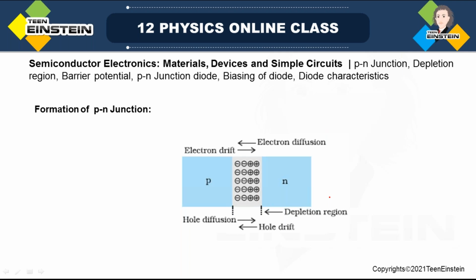So that is drift, and due to drift of charge carriers, there will be a current that is called drift current.